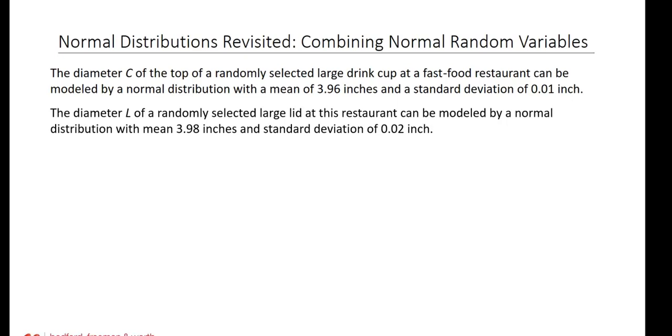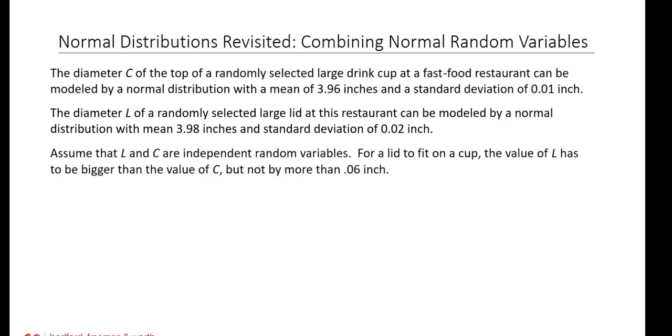So again, pretty accurate, but they don't fit sometimes. I've had that at Panera where the lid doesn't fit the cup. You got to change lids or cups or something. Assume they're both independent random variables. That's important for adding standard deviations. But not by more than 0.06.